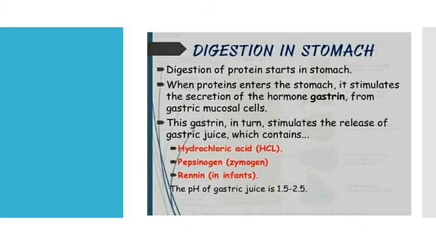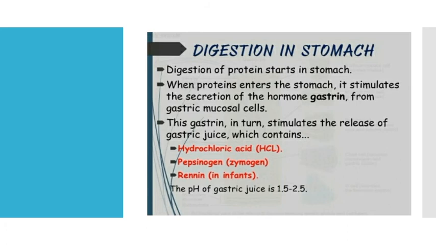This gastrin in turn stimulates the release of gastric juice, which contains hydrochloric acid, pepsinogen, and renin in infants. The pH of gastric juice is 1.5 to 2.5.